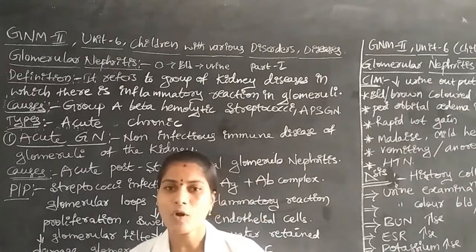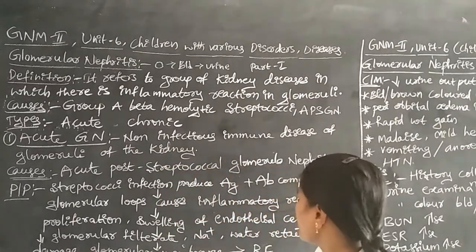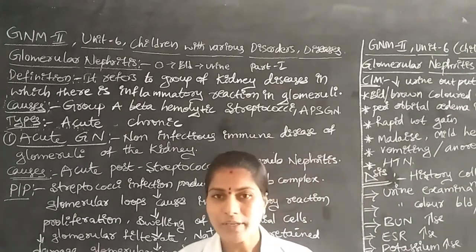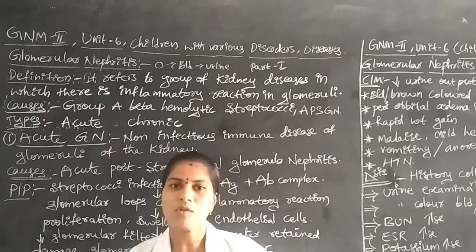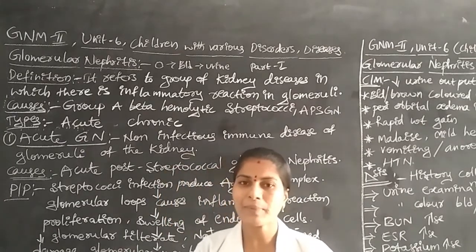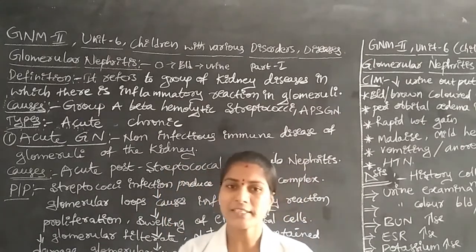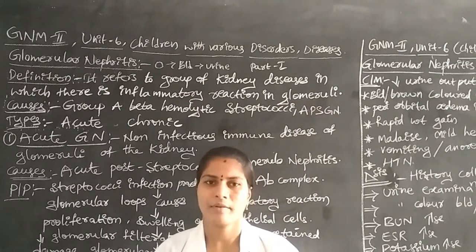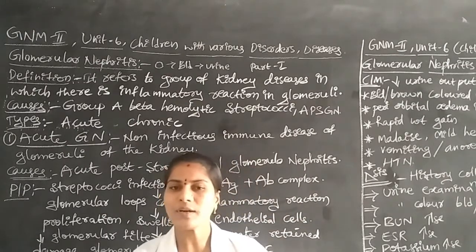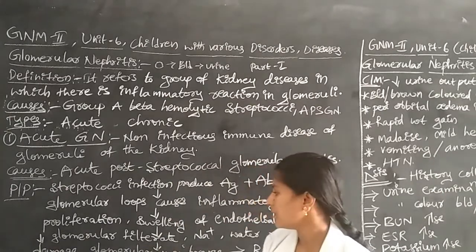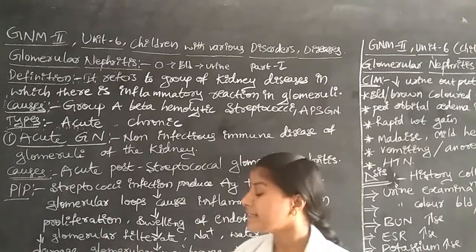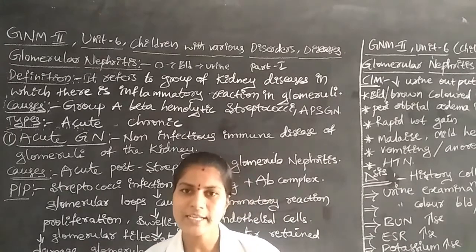Then what happens? Sodium and water will be retained, meaning excessive water and sodium will be obstructed in that particular glomerulus. The glomerulus is overloaded and its functioning is reduced, leading to a decreased glomerular filtration rate.